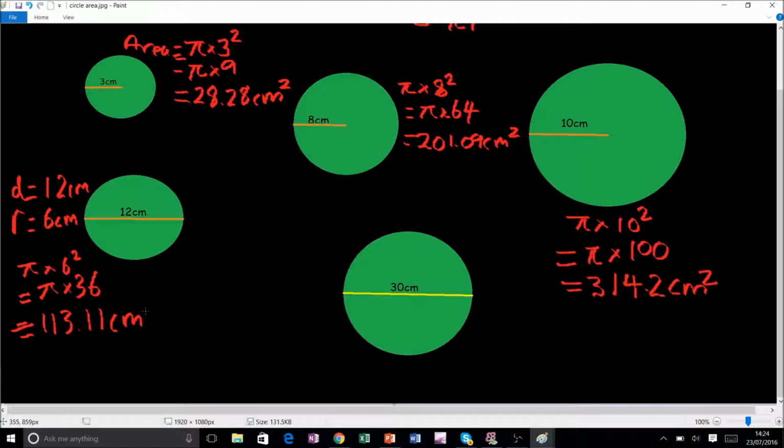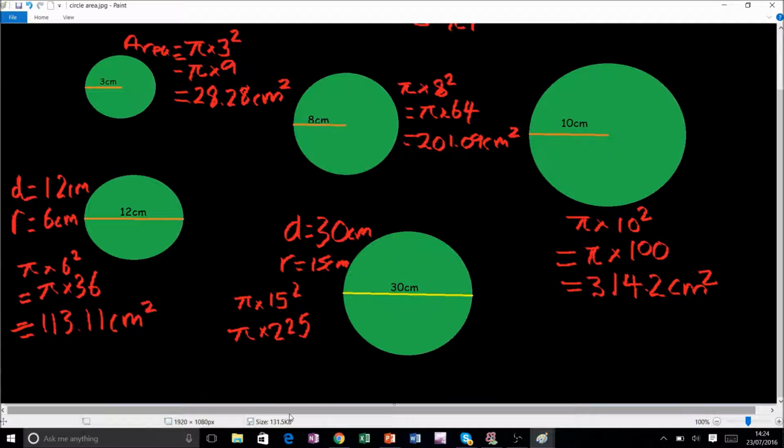113.11 centimeters squared. Okay, now let's look at this big bad boy here. So we've got the diameter, which is equal to 30 centimeters. So therefore R, the radius, is going to be equal to 15 centimeters. Okay, so then if you want to work out the area it will be pi times 15 squared. 15 squared is 225.